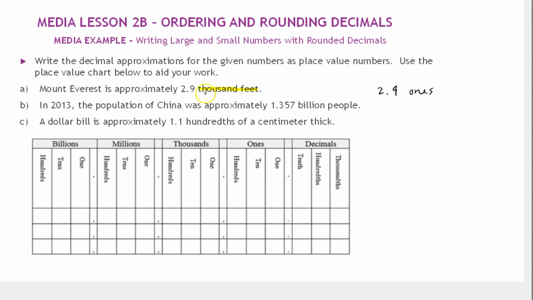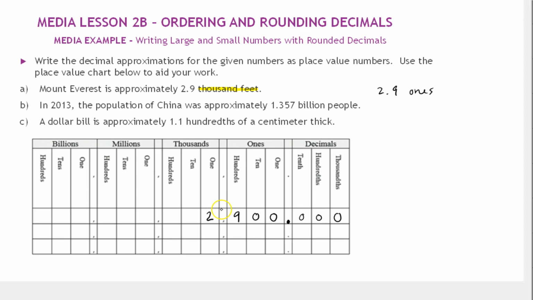So if we have 2.9 thousand feet, going to the thousands place, that means we have 2 1,000s, and 0.9 would actually refer to the hundredths place. Now we're going to fill in the rest with zeros, and all of the decimals would be 0. So this is the decimal point.